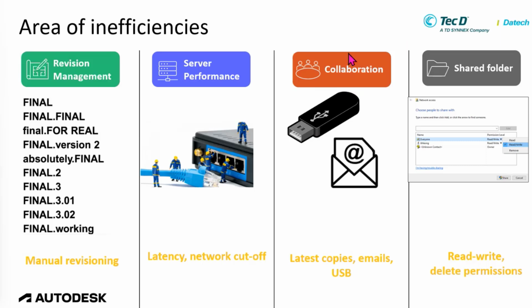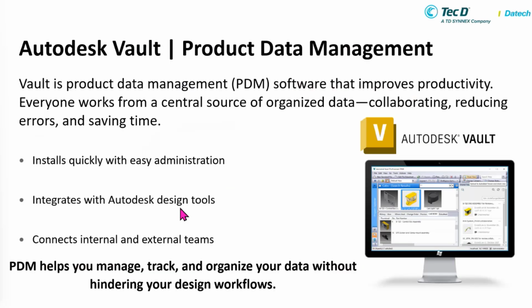Shared folders, where when you give someone access, they have permission to read and write, which means they can accidentally delete the files and nobody will know who deleted them.